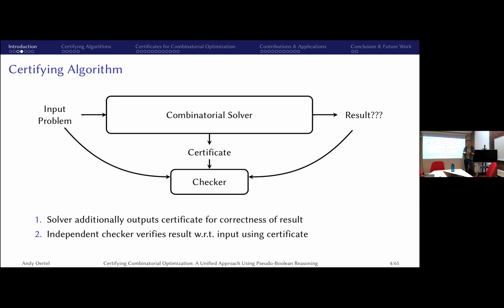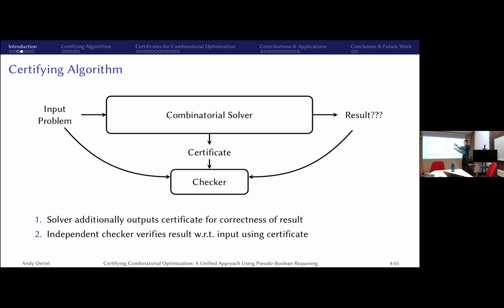This checker then verifies that the result is correct using the certificate as a hint, or as an aid, to make checking easier than the actual solving process, so that we give all the hints to the checker so that this checking process is very easy. Then this checker can verify to us that either the result is correct or we checked.